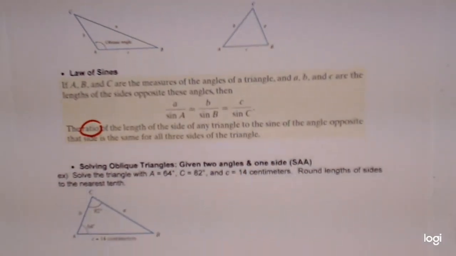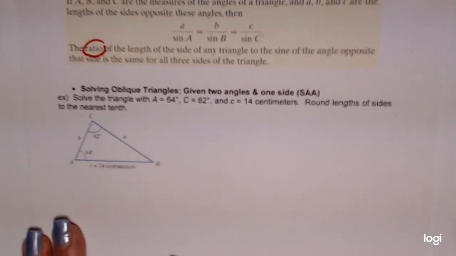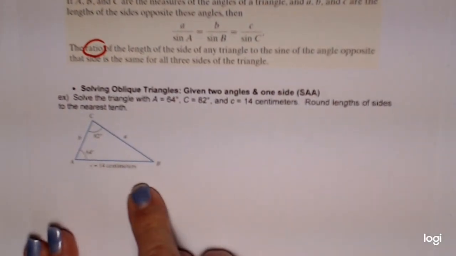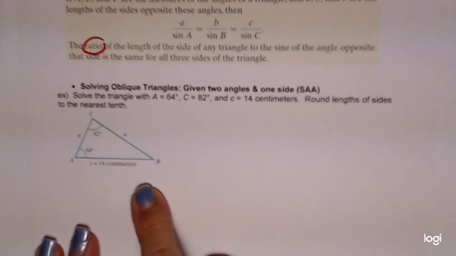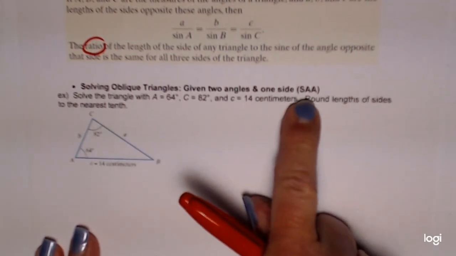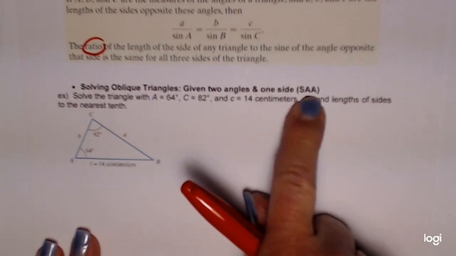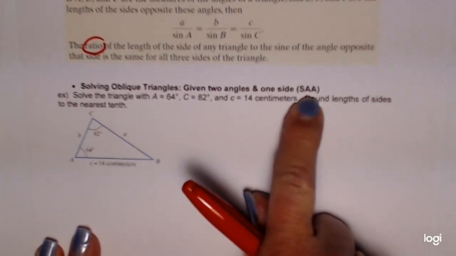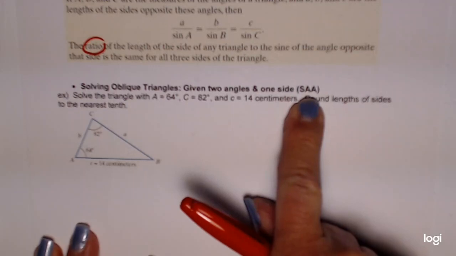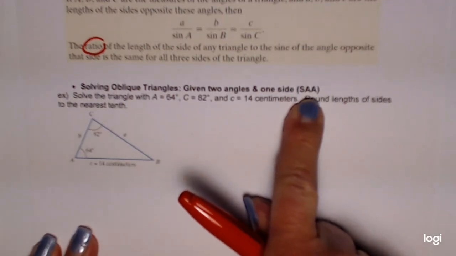Let's take a look at the first example here. We're given this triangle, and in these particular examples, what we're going to see is this SAA. What this says is that A's are angles. So for this example, we know 2 of the angles in the triangle, and we know 1 of the sides.